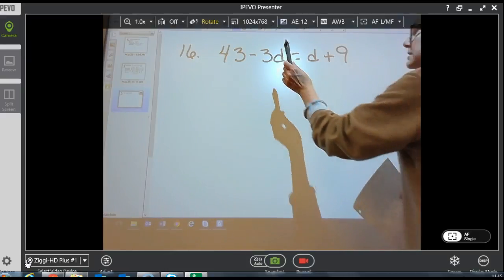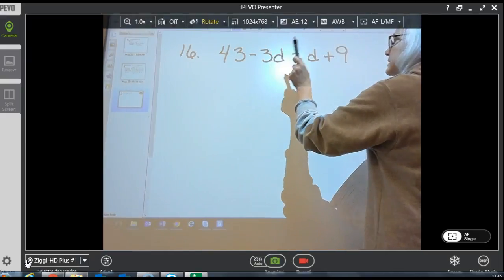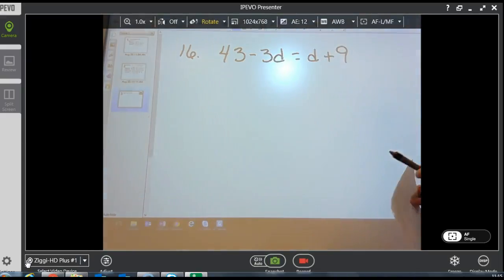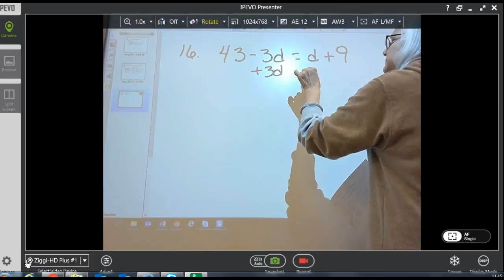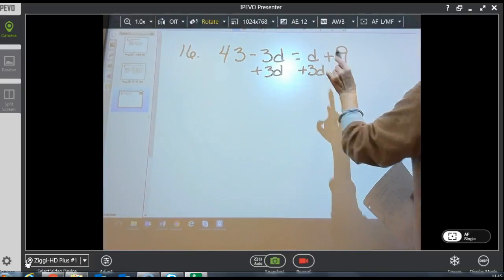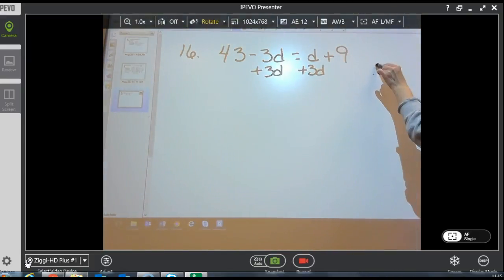So, to move the 3D to the right-hand side, what should I do? Add 3D. So, you just said add, so it's addition property. As easy as that.